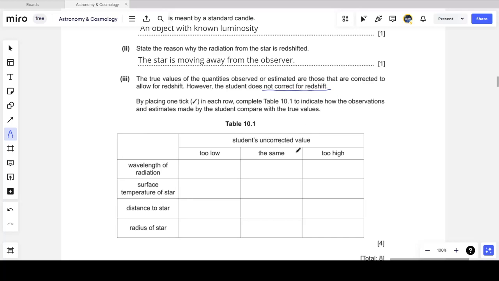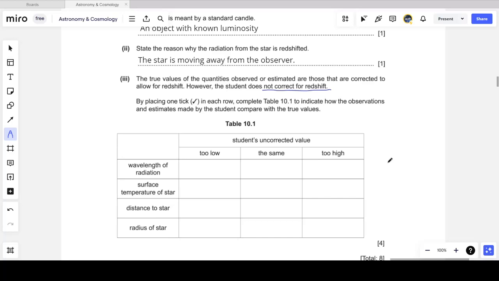Okay, so what about the wavelength? Is the wavelength that they estimate going to be the same as the wavelength that is actually accepted? Now, if they do not account for redshift, then what they're going to find is they see reds instead of yellows, and they see yellows instead of greens and greens instead of blues.